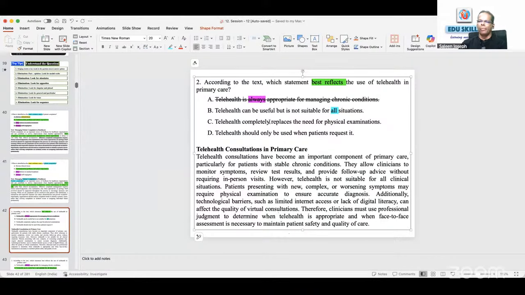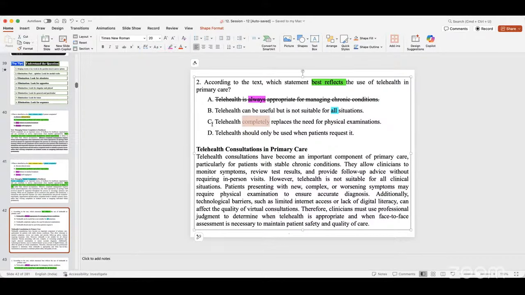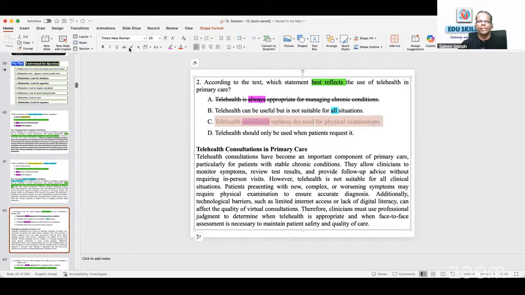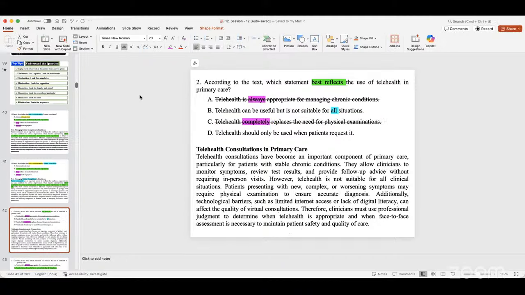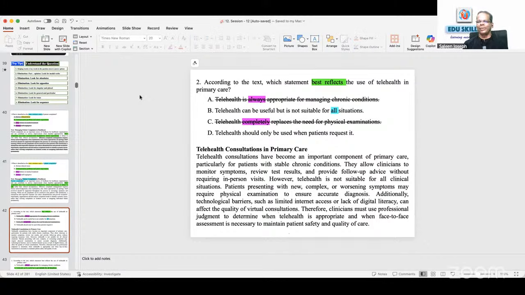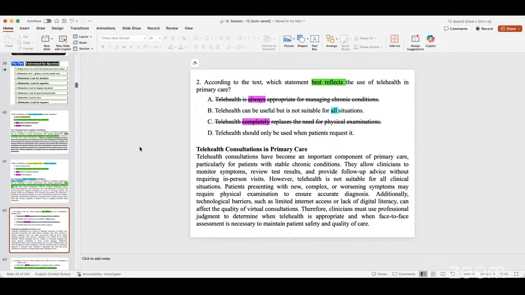Option C, telehealth completely replaces the need for physical examination. Completely. Absolute. Eliminated. Since somebody commanded me, I am an obedient servant, eliminating it. Option D, telehealth should only be used when patients request it. Only.